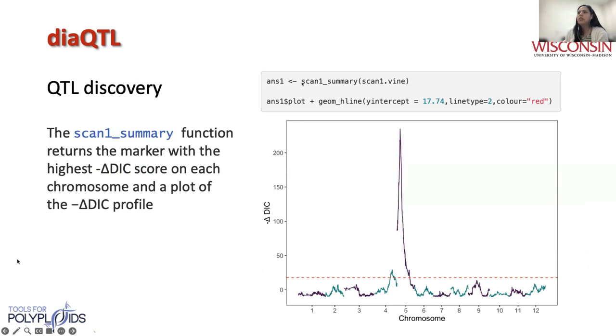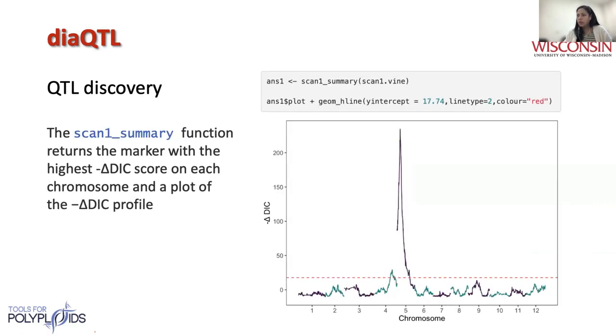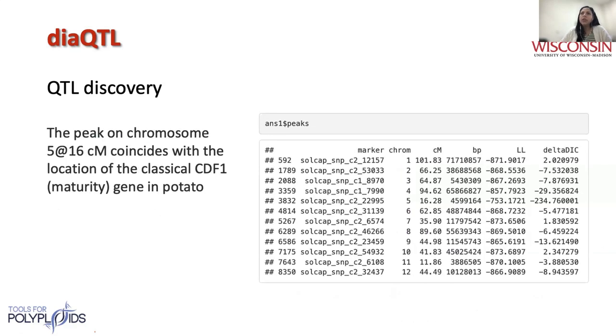And yes, you just put a scan1 summary, and then from that element, you just put plot, and you can see that again, this is also for biomaturity. So we have the same QTL on chromosome 5 for the CDF1 gene in potato. But there is also another QTL on chromosome 4, smaller.